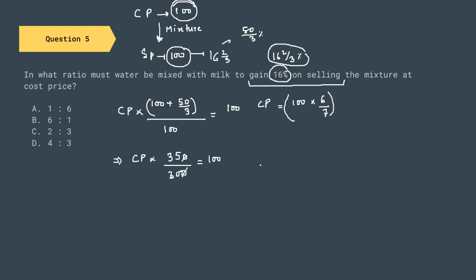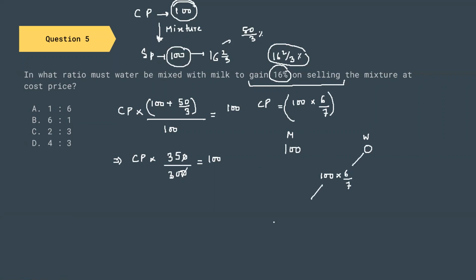Now let us come to the situation. So let us assume that the cost price of milk is 100, cost price of water is 0, and we are mixing milk with water to get a mixture costing 100 into 6/7, and we have to find the ratio of it.